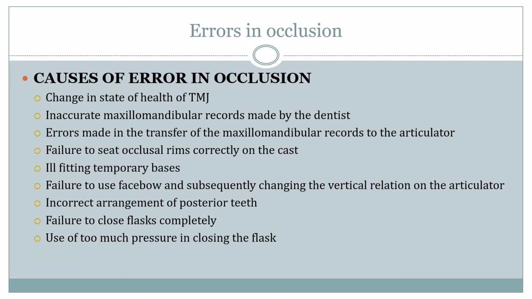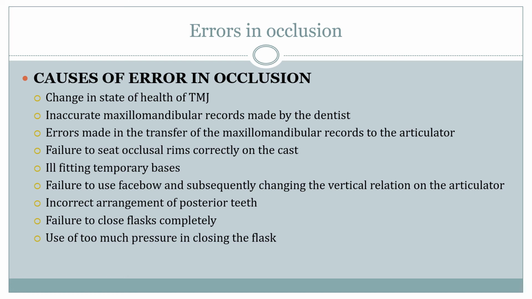Yeah. Next, the causes of error in occlusion. What are the different things that will happen when there are errors in occlusion? First thing, the state of health of the TMJ. As undergraduate students, we all try to just overlook the centric relation position.